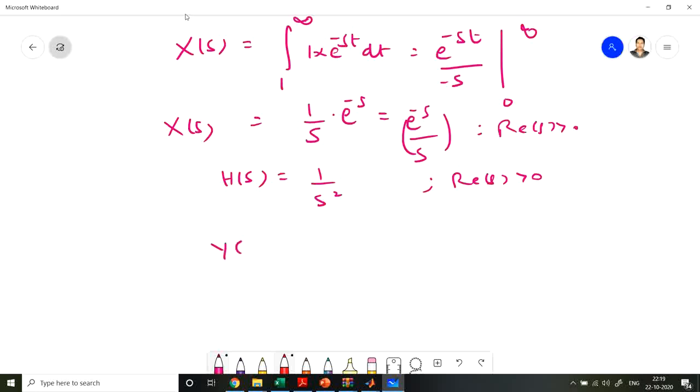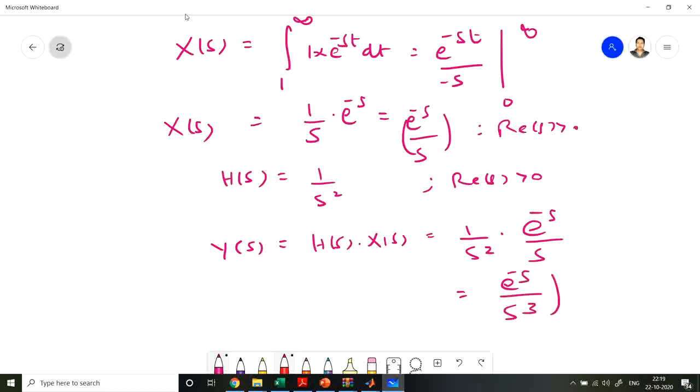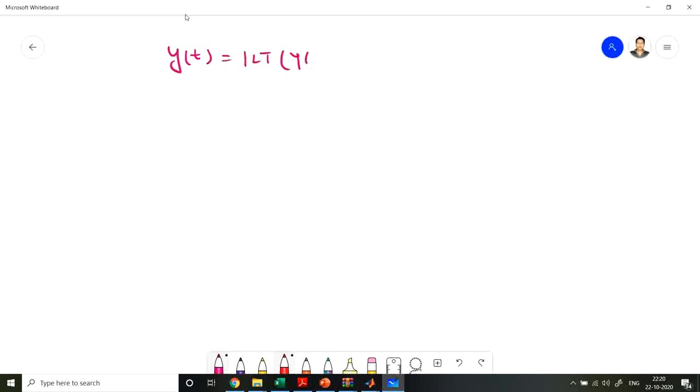Now what is Y(s)? Y(s) is basically H(s) multiplied by X(s). H(s) is 1 divided by s square, and X(s) is e raised to the power minus s divided by s. So Y(s) is e raised to the power minus s divided by s cube. If we apply the inverse Laplace transform, then y(t) is the inverse Laplace transform of Y(s), which equals (t minus 1) whole square divided by 2 into u(t minus 1).